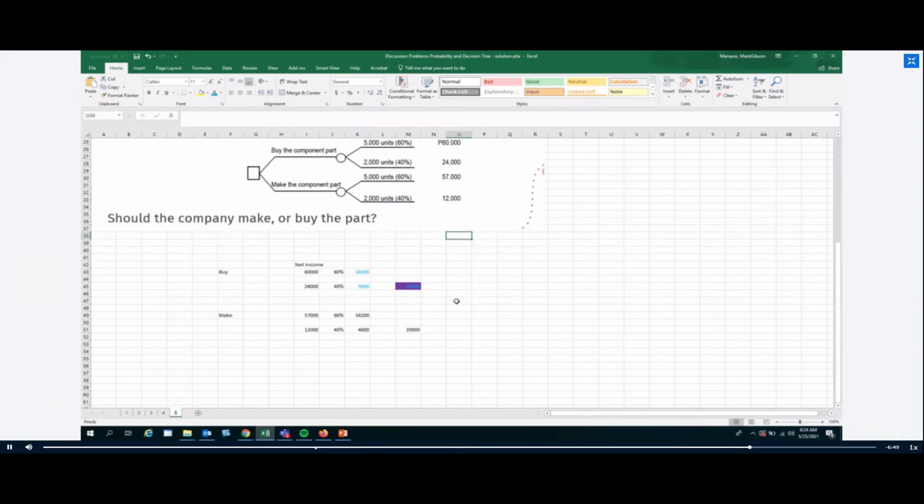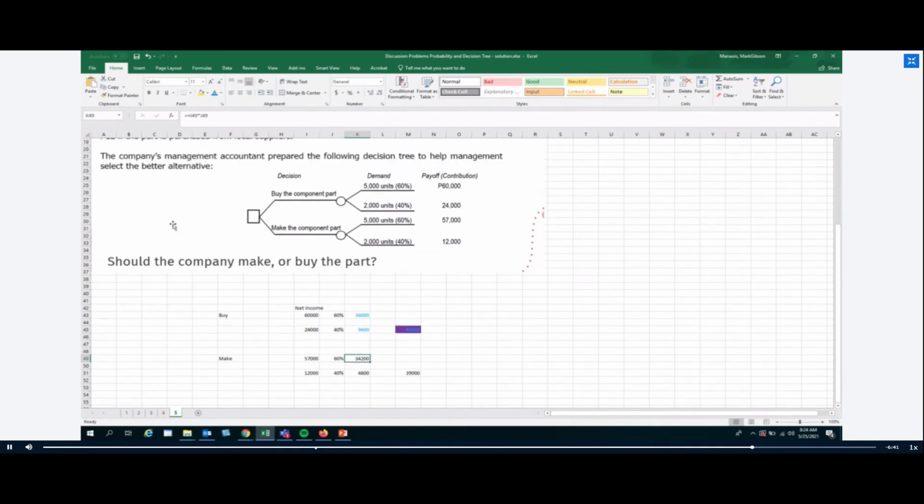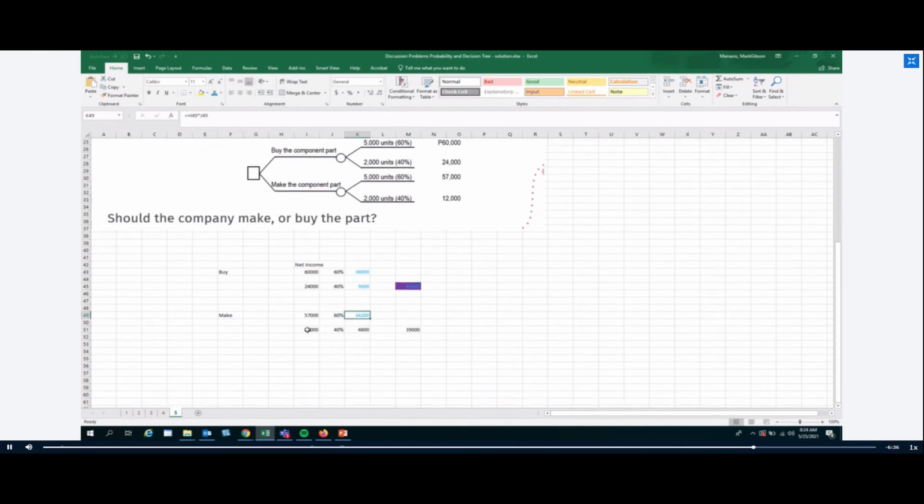Okay? So next, sa make naman, 57,000 multiplied by 60%, so that's 34,200. 12,000 multiplied by 40%, so that's 4,800. Get the sum, so that's 39,000 pesos.